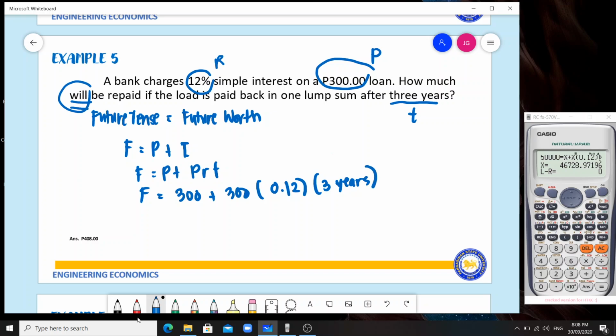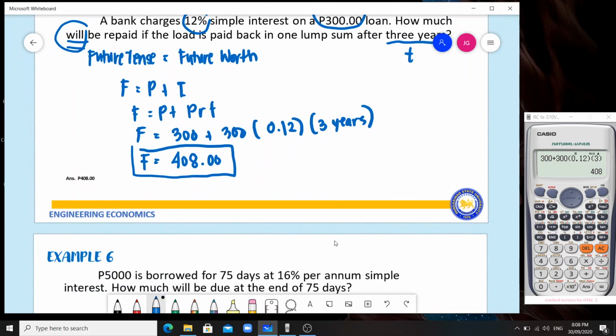So, let's calculate. 300 plus 300 times 0.12 times 3. 408 pesos. So, ang babayaran niya pala ay after 3 years ay 408 pesos. Grabe, no? Ang laki nung kinita nung 108 lang after 3 years. Okay? So, ganyan si simple interest. Okay. Next.